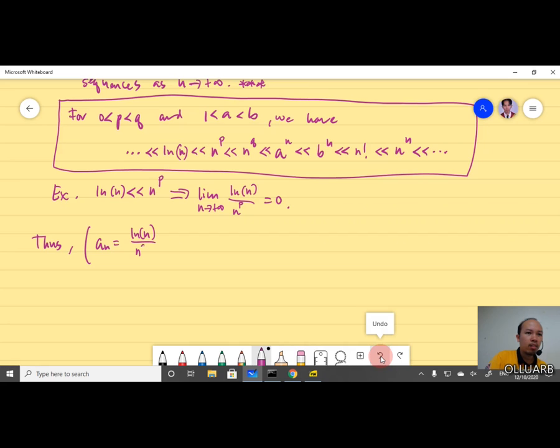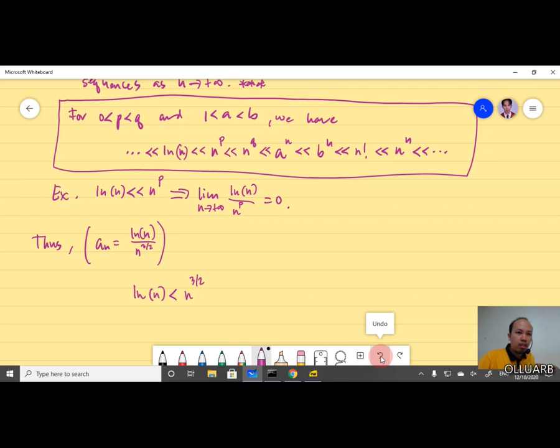Notice here that since our a n satisfies this relation, meaning that the limit of ln n over n raised to the power of 3 halves as n approaches infinity is 0, this means that our denominator grows faster than the numerator.